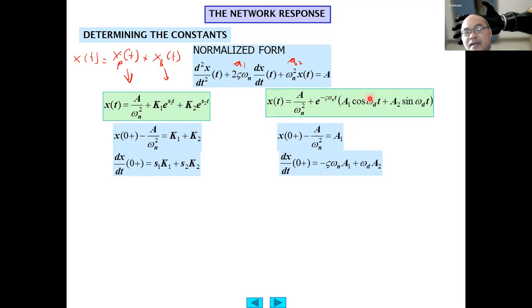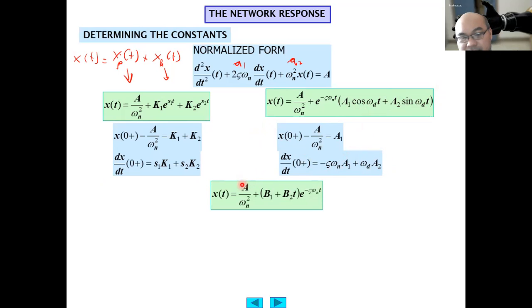The derivative of this will be minus sine omega d t, which equals 0 as well. The derivative of this is cosine, and cosine 0 equals 1, so we have a2 omega d, and this equals minus zeta omega n times a1, equal to the initial condition of the first derivative.